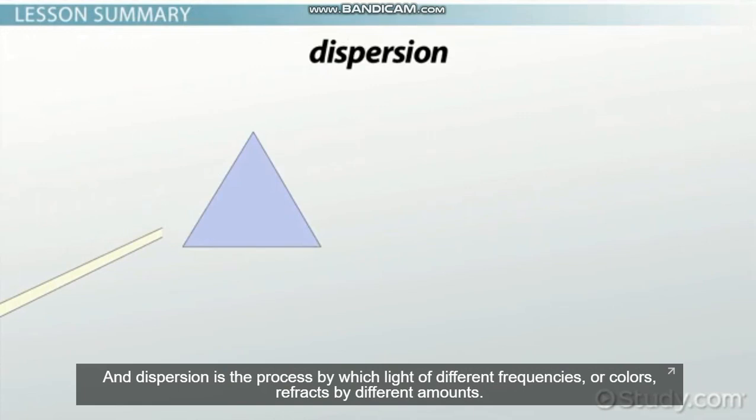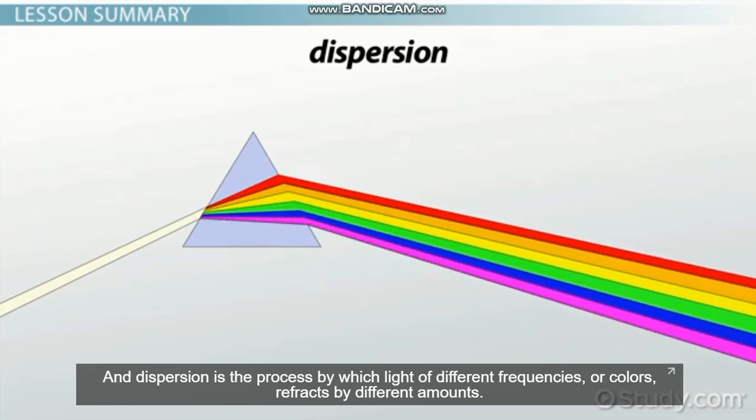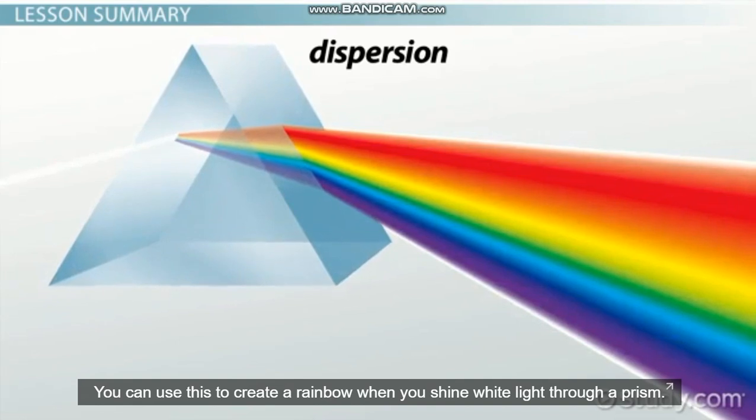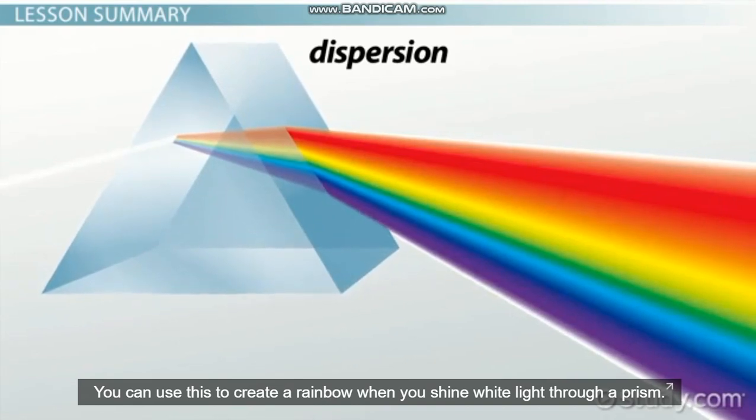And dispersion is the process by which light of different frequencies or colors refracts by different amounts. You can use this to create a rainbow when you shine white light through a prism.